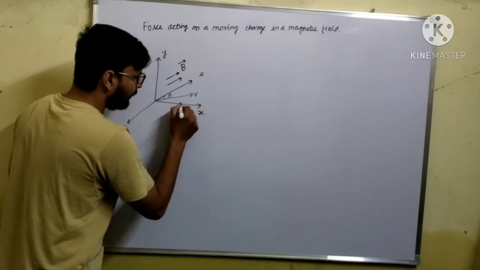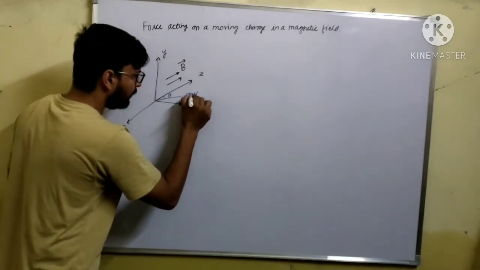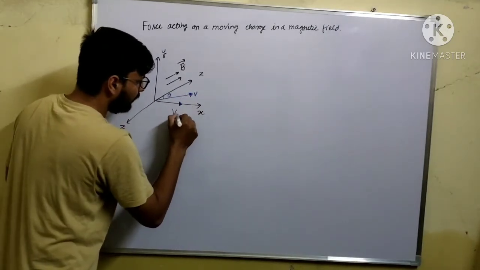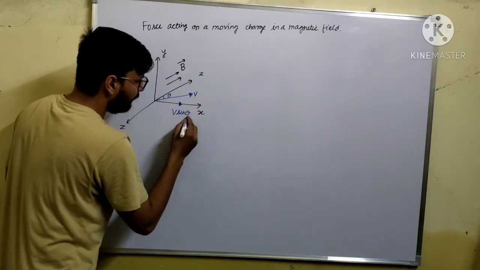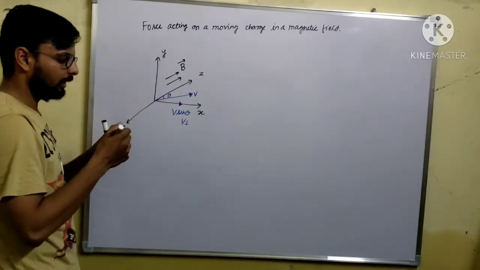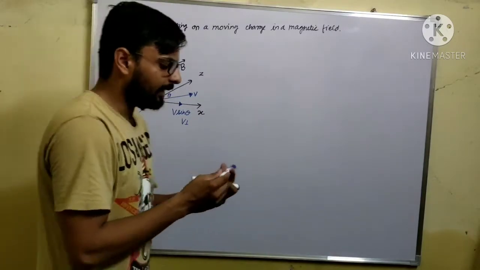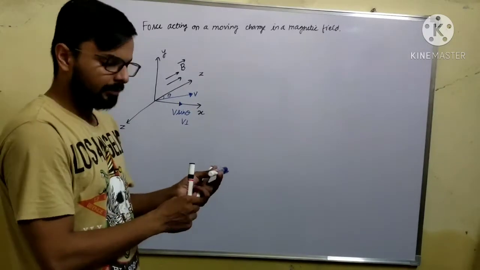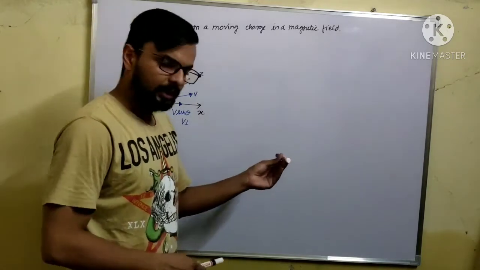One will be this component, which is called v sin theta, the perpendicular component. This is v perpendicular. Why perpendicular? The magnetic field is in this direction.